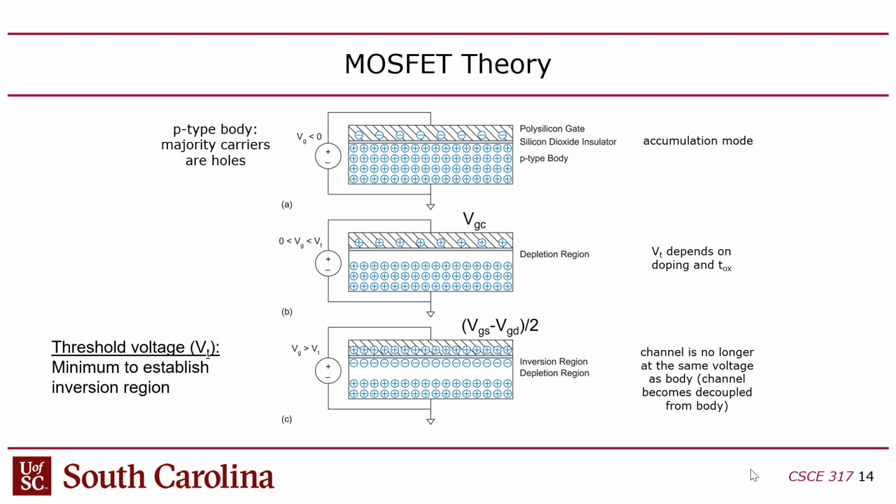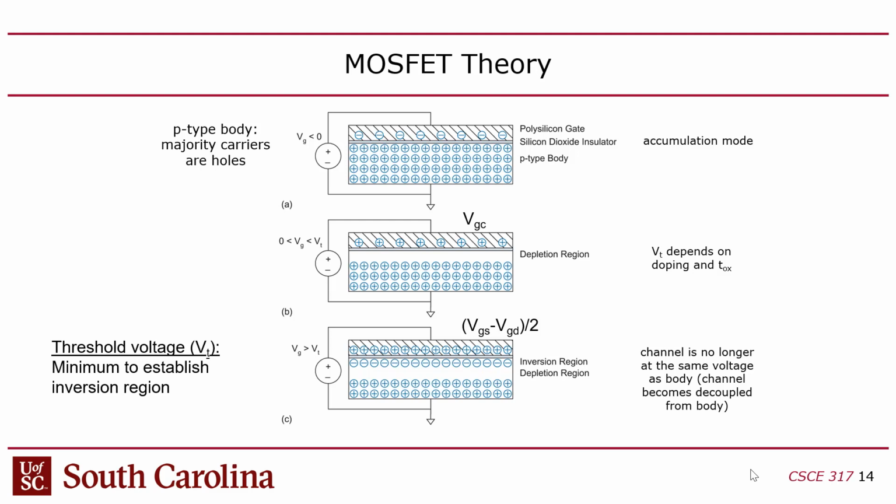Like I said, they used to use metal for the gate back in the original CMOS transistors. I don't know exactly what the poly is, but there's some benefit to using poly instead of metal for the gate. So you've got the polysilicon gate, you've got this insulator, and then you've got the body.